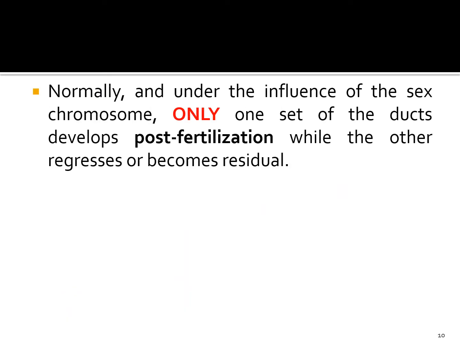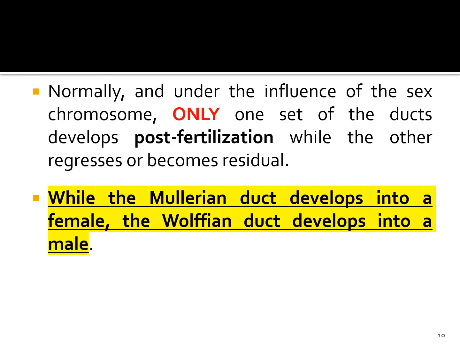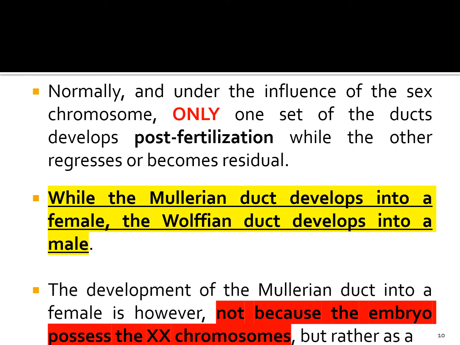Normally, and this is under the influence of the sex chromosomes, only one set of these ducts develops post-fertilization, while the other will slowly regress or become residual and stop developing. So while the Mullerian duct will develop into a female, as said earlier, the Wolffian duct will develop into a male.